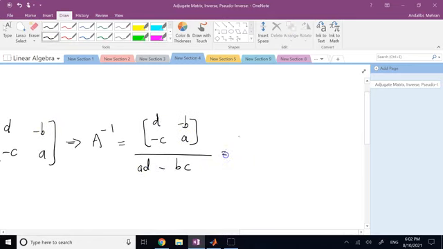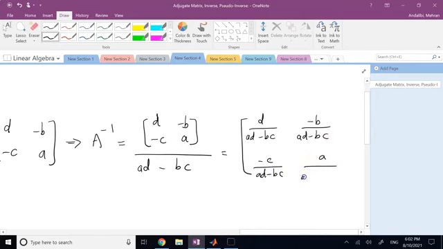So if you want to write it entry by entry, it is going to be D over AD minus BC, negative B over AD minus BC, then negative C over AD minus BC, and finally A over AD minus BC. So this is the inverse of a 2 by 2.